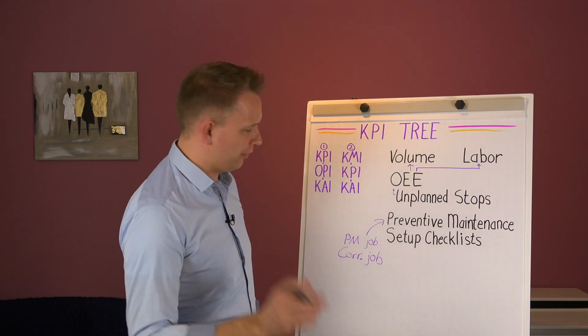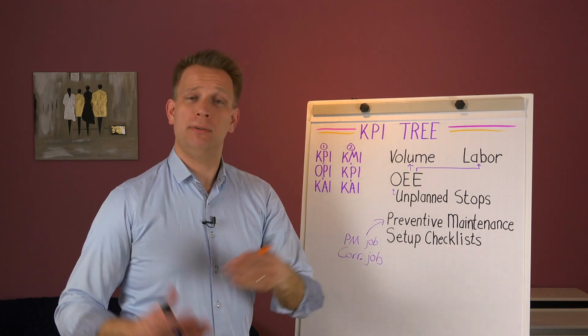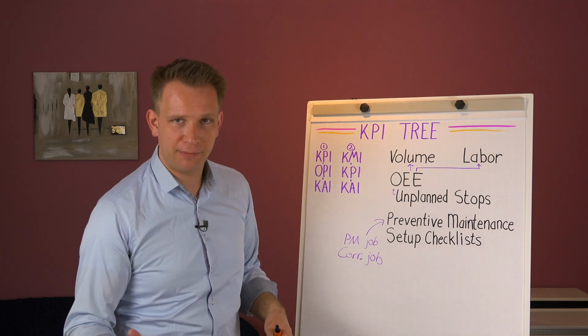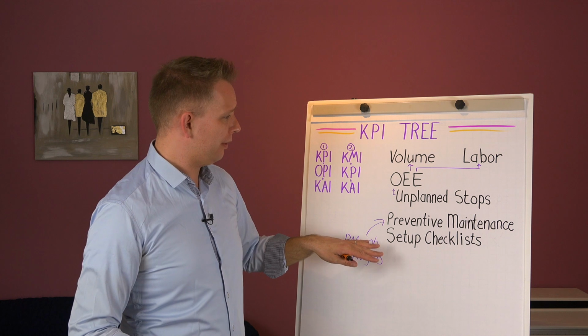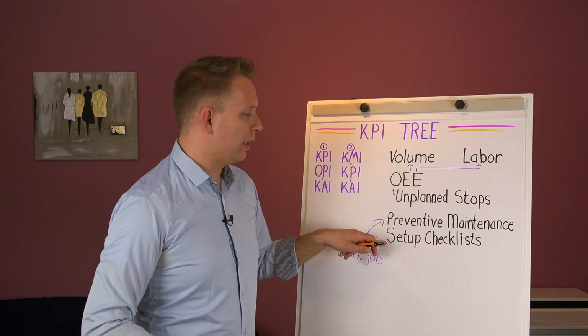The planned or preventive maintenance jobs and the corrective jobs. Done. Right? 90% of them done within time, or 80 or 95. Nice action indicator.